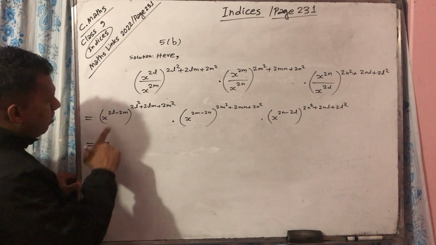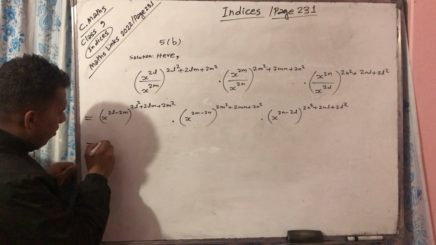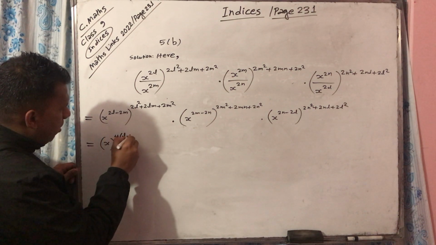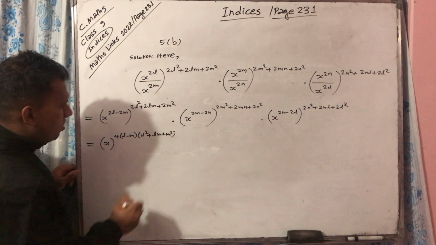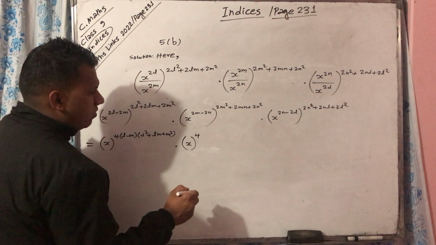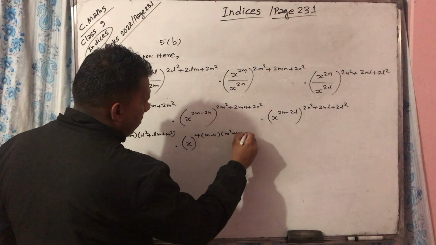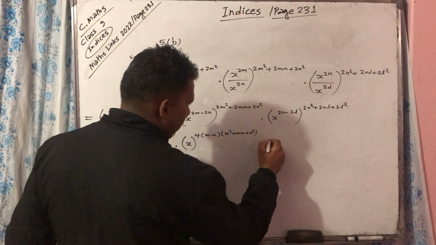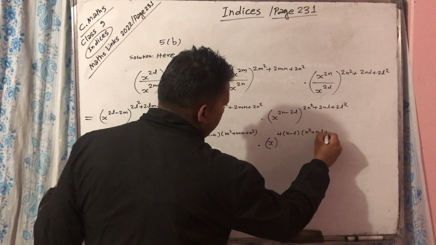x to the power, here 2 common, here also 2 common, so it makes 2 to the 4. So x to the power 4 times l minus m, l square plus lm plus m square, multiplied with x to the power 4 times m minus n, m square plus mn plus n square, multiplied with x to the power 4 times n minus l, n square plus nl plus l square.